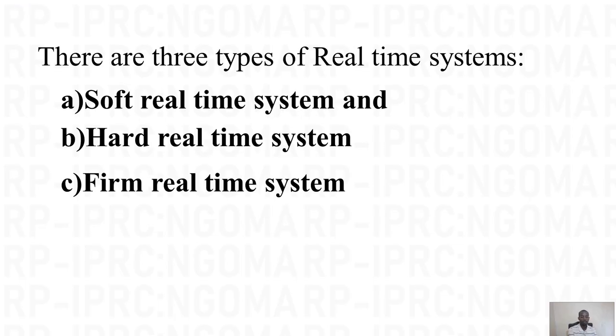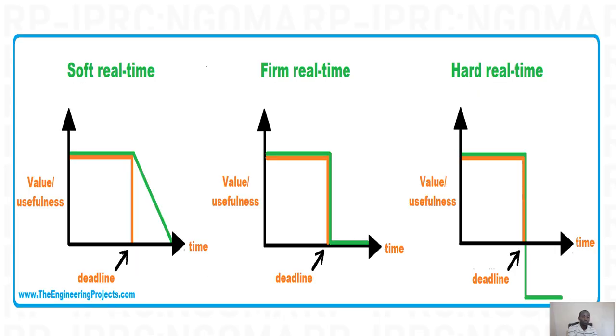There are three types of real-time systems: soft real-time system, hard real-time system, and firm real-time system.